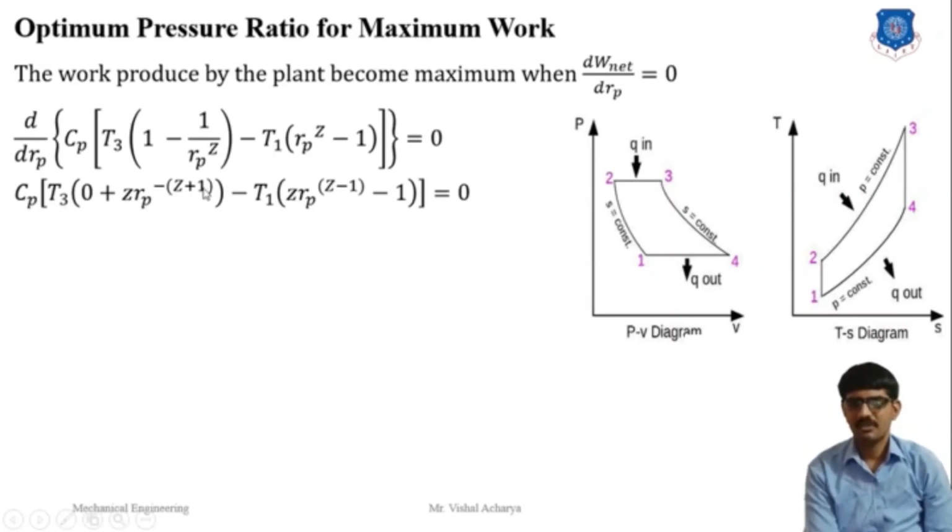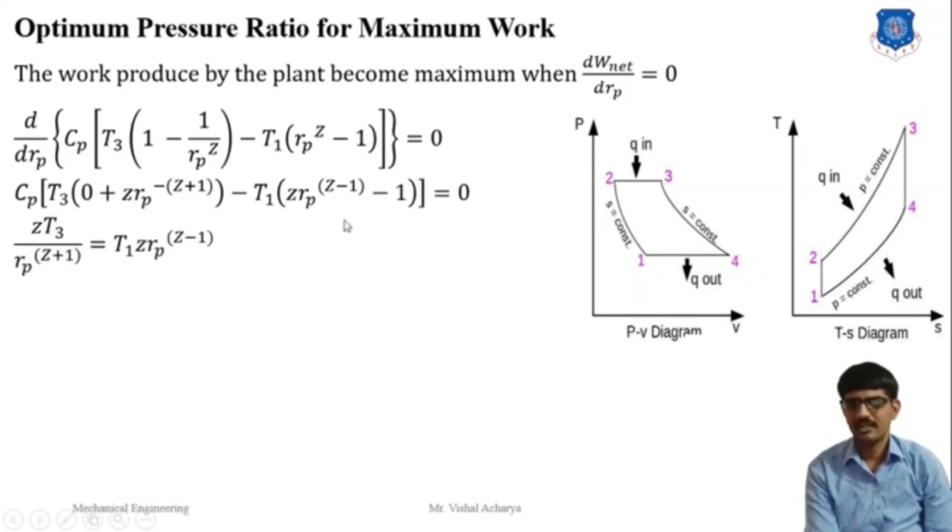Here we use the rule that the derivative of x raised to n is n x raised to n minus 1. So we write Z in front and the power one less, Z minus 1. The constant minus 1 differentiates to 0.